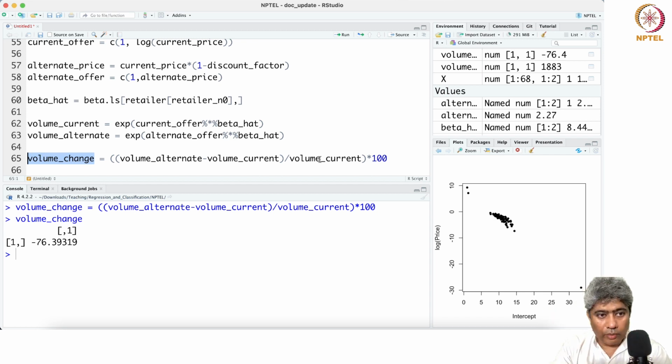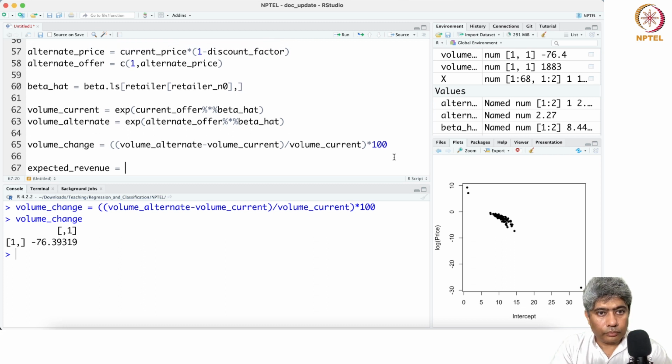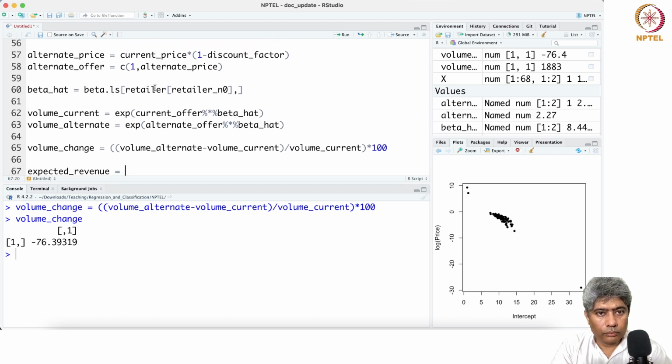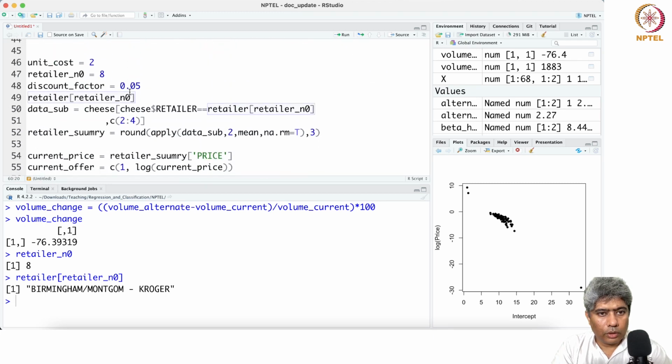And we can compute the expected revenue. Yeah, okay.